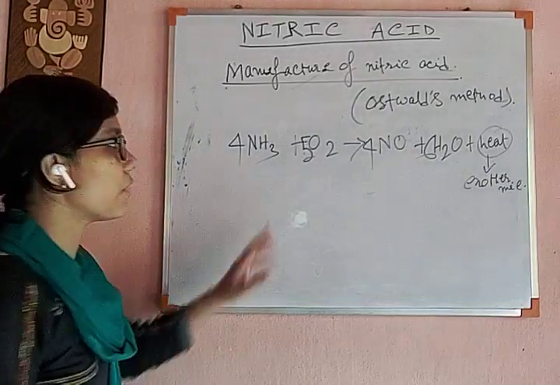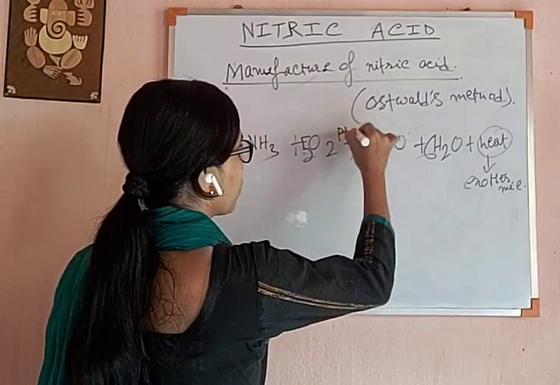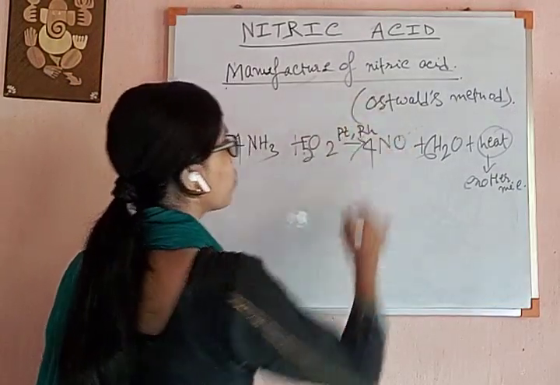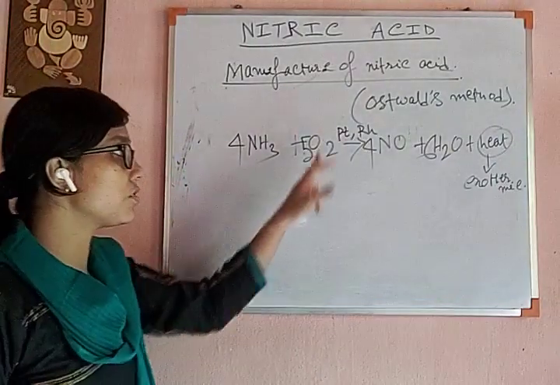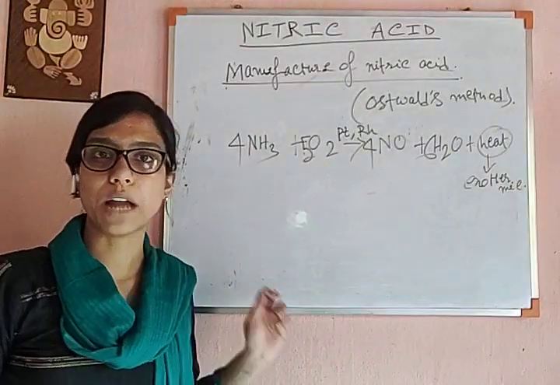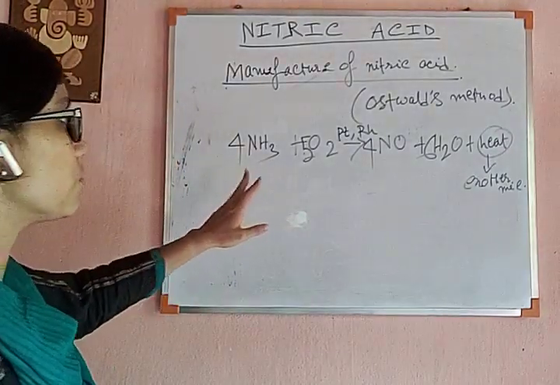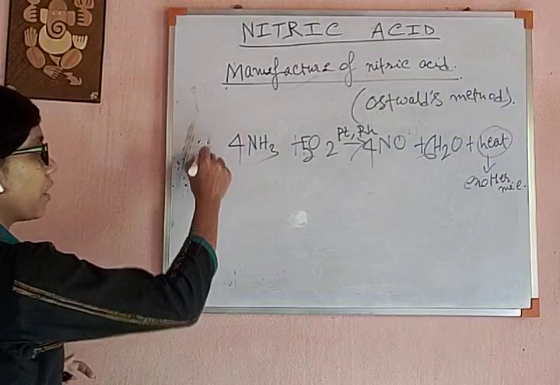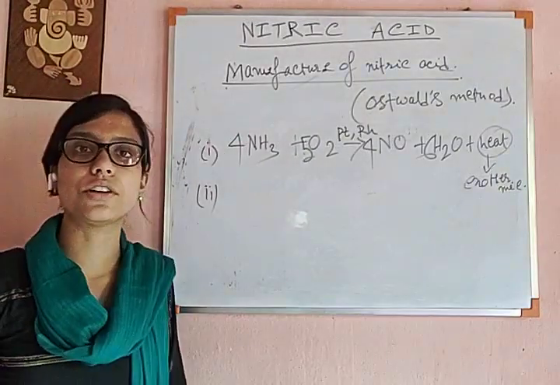So 4NH3 plus 5O2 gives 4NO plus 6H2O, and here one catalyst is used, known as platinum rhodium, 90% platinum and 10% rhodium. This catalyst is used in the first step, and the remaining steps are the same as in the lightning discharge reaction.